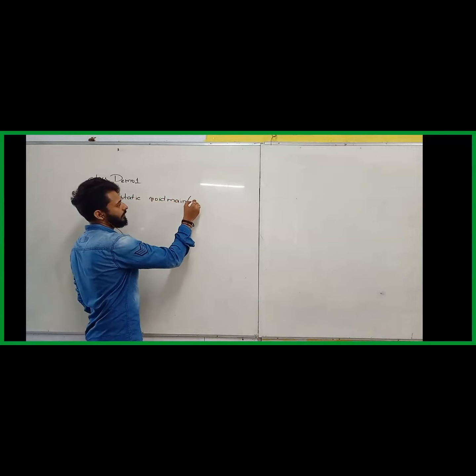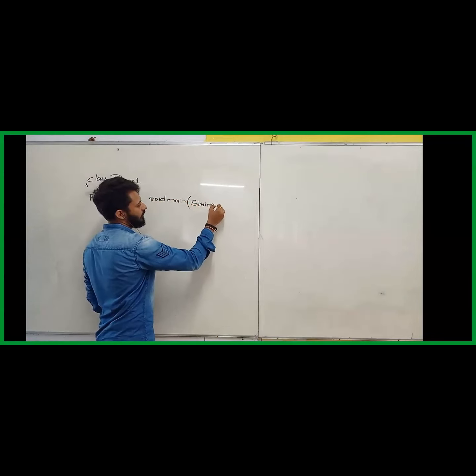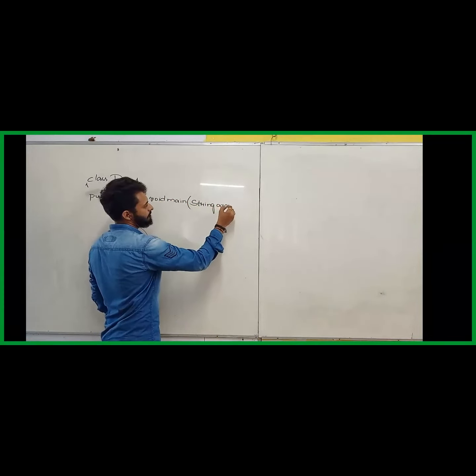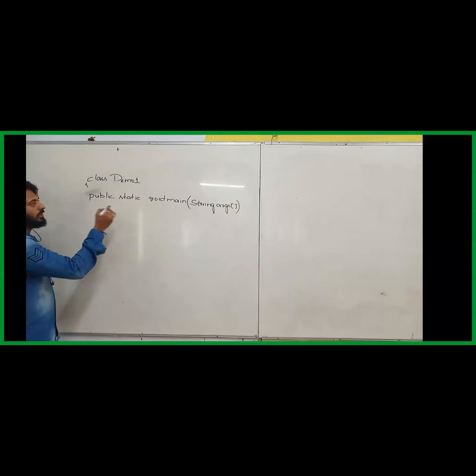String of args. What is that args? We will see to it later. Already it should have been done. If it is not done, you will get to know. Okay. As of now, first thing, as I discussed yesterday itself, now I want to declare one string. How to declare it?